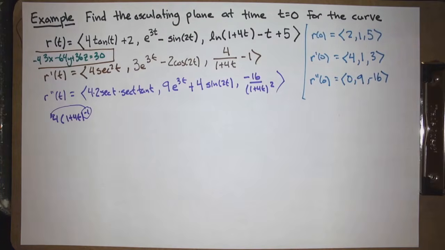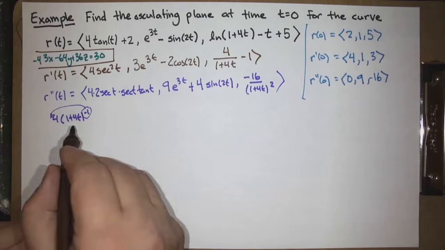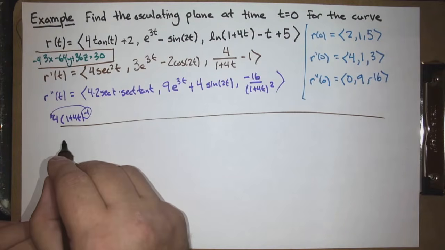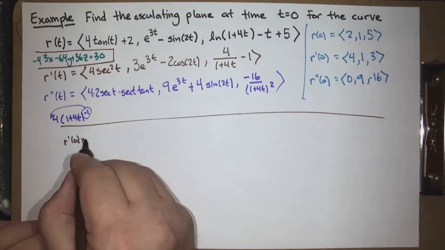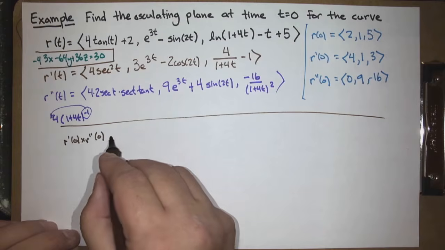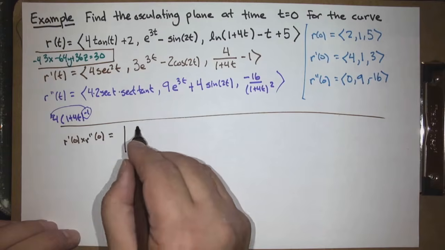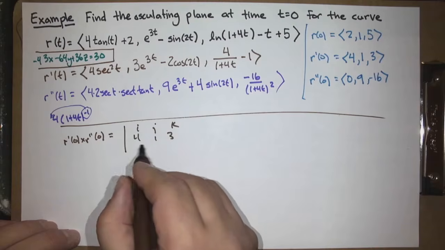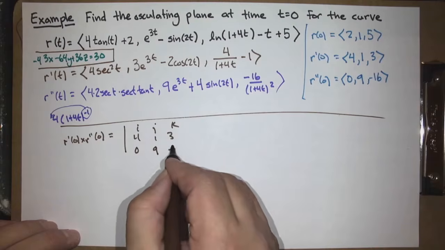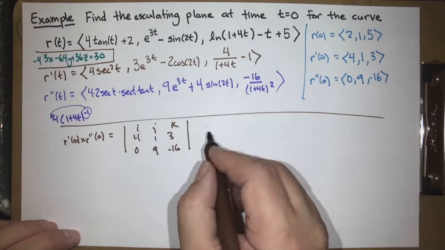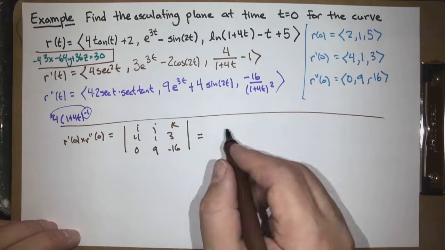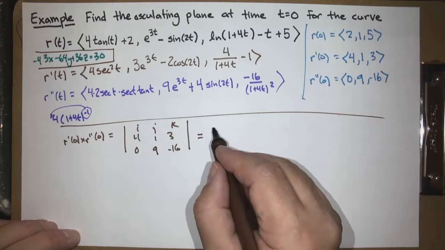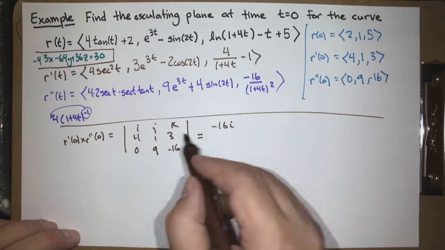Now, the next step in our trip to finding the osculating plane is we take the cross product. R prime of 0 crossed with R double prime of 0: i, j, k, 4, 1, 3, 0, 9, negative 16. And it's times like this I say to myself, I really should have checked these numbers earlier. But we just go ahead. It is what it is.